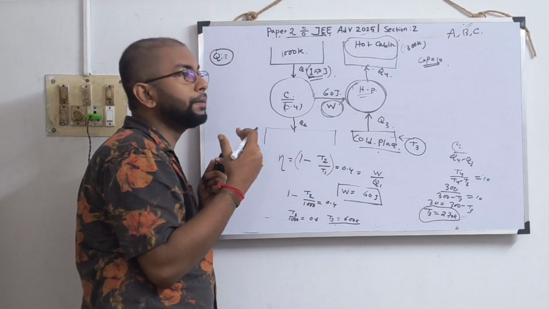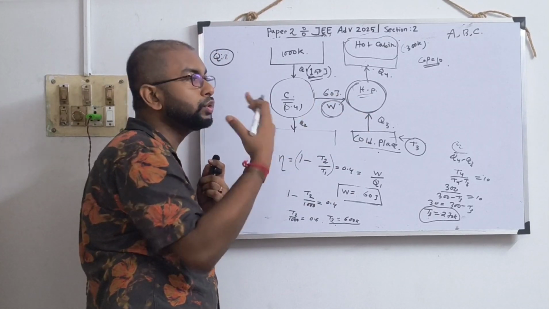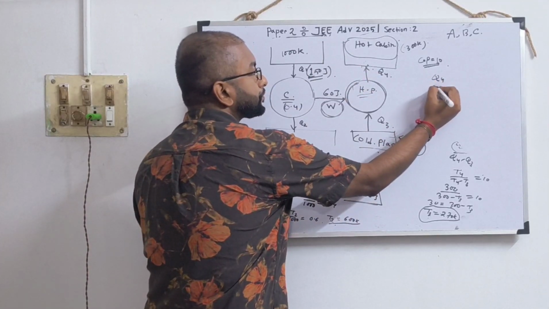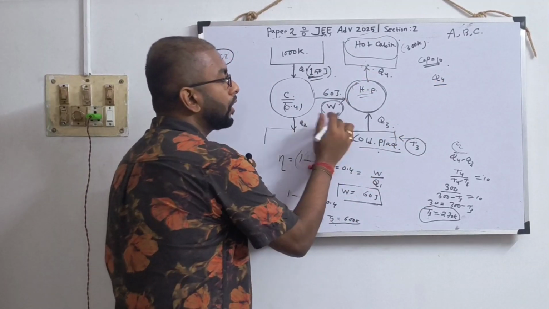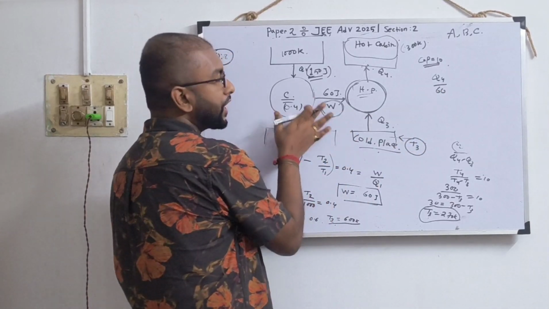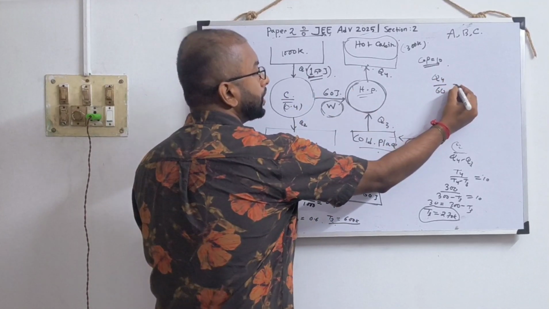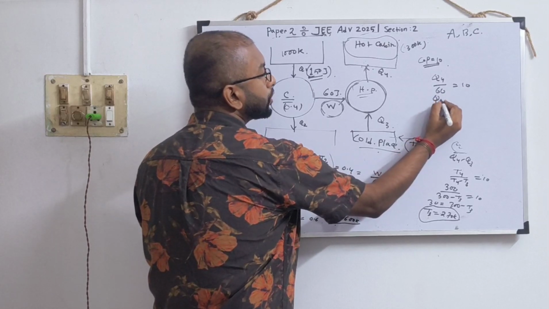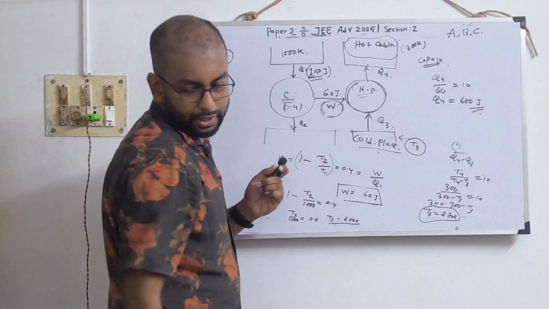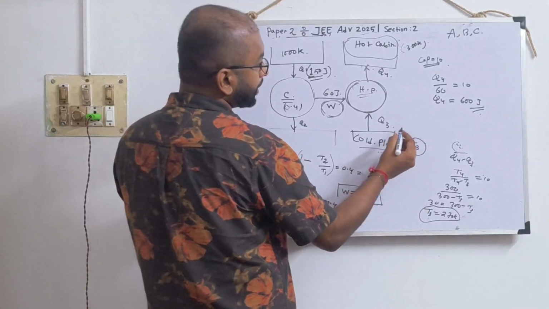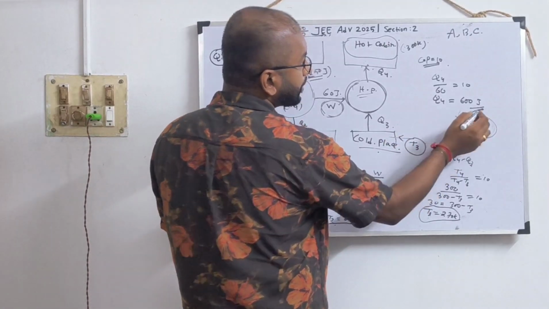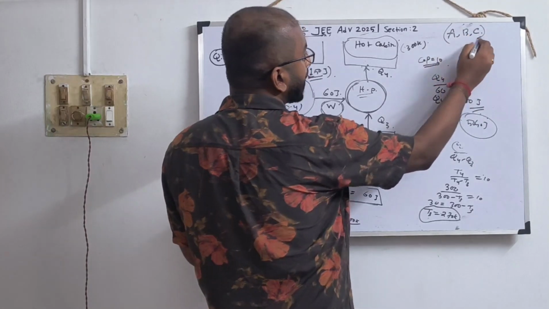Expected outcome of a heat pump is how much heat it is able to send to the hot cabin, that is Q4, by how much energy you are giving as the input, that is our work extracted from the Carnot engine, and that is 10. So Q4 is 600 joule ultimately. But in the option, it is given that the heat supplied is 540 joule. So option number D is not correct. Correct options are options A, B and C.